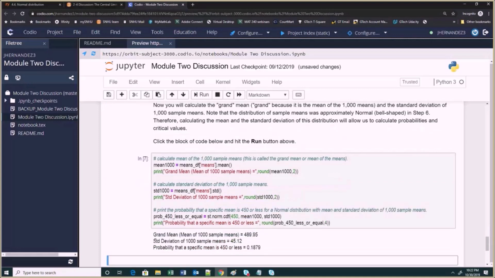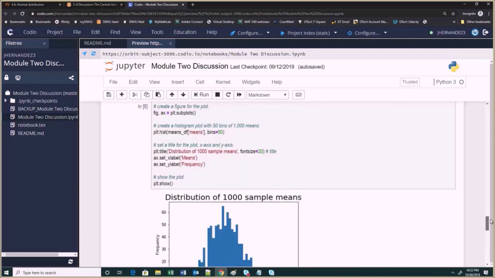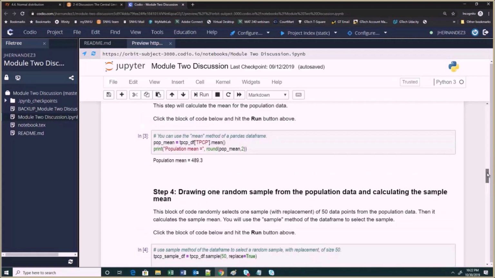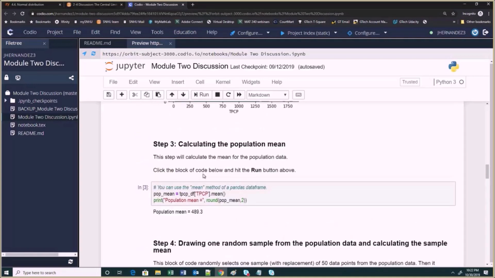And this time the grand mean, which is the mean of 1,000 sample means, is 489. Standard deviation is 45. Now, notice 489 is the grand mean. That's the mean of the 1,000 means. So let's see how that approximates to the population mean that was unknown. Notice the unknown population mean for the data set that you generated in step 1 was 489.3.